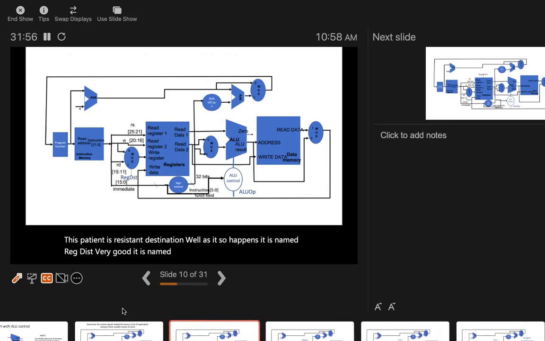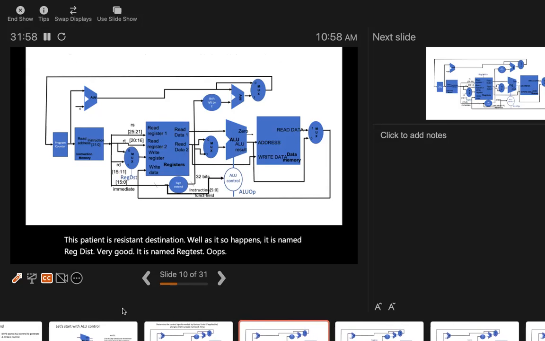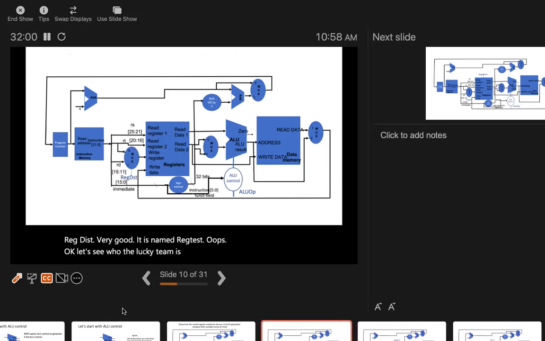Okay, let's see who the lucky team is. How about Ben and team? We decided on the control signal for this mux. It's called register destination. Now we have this register file. When we have an add instruction, which is an R type, this register file has to be written.